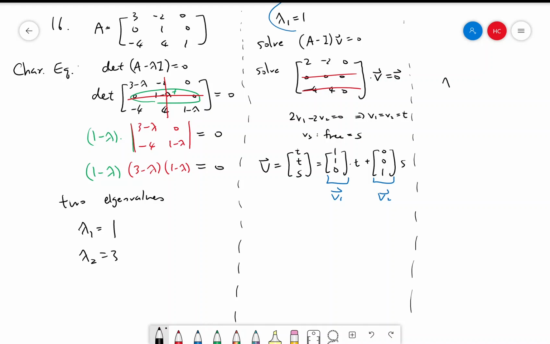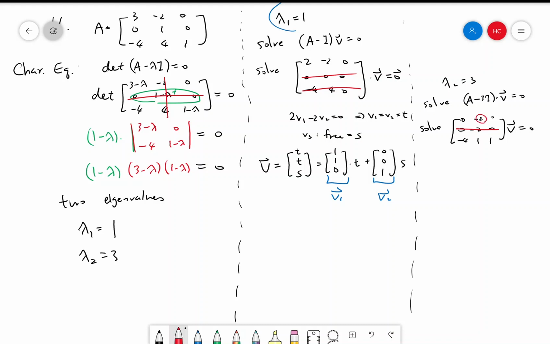Now for the eigenvalue 3, we want to solve (A minus 3I) times v equal to 0. So we want to solve 0, negative 2, 0, 0, negative 2, 0, negative 4, 1, 1 times v equal to 0. The second row is not doing anything because it's the same as the first row.